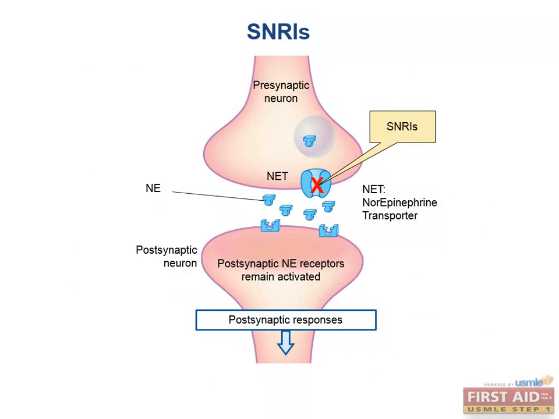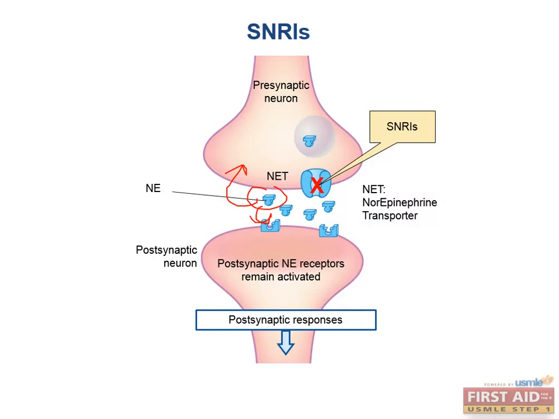Now let's look at the noradrenergic neuron. There's a similar analogy to everything we discussed with the serotonergic neuron. In this case, norepinephrine can bind to its receptor on the postsynaptic neuron or get taken up into the presynaptic neuron, where it can be reused or metabolized.